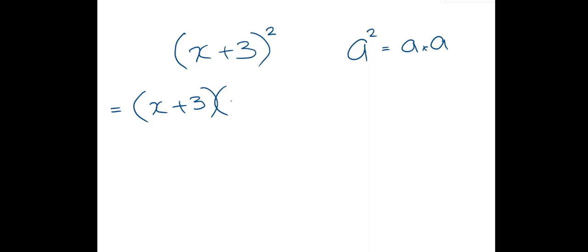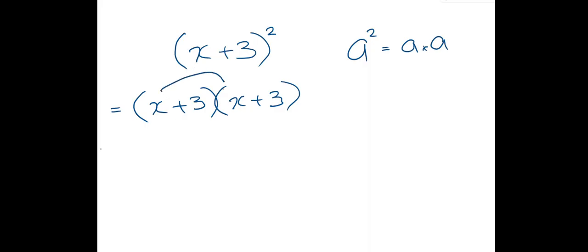Well, if we had a, where a is any number, and we had it squared, it would be the same as saying a times a. So x plus 3 to the power of 2 is exactly the same, if we wanted to rewrite that, as x plus 3 times x plus 3. X plus wonky 3 in this case.